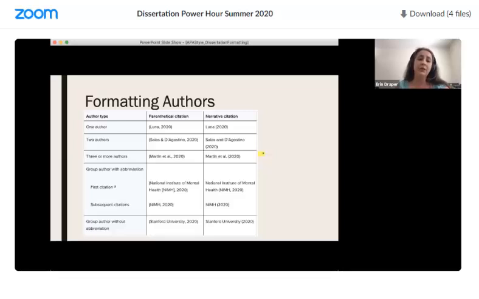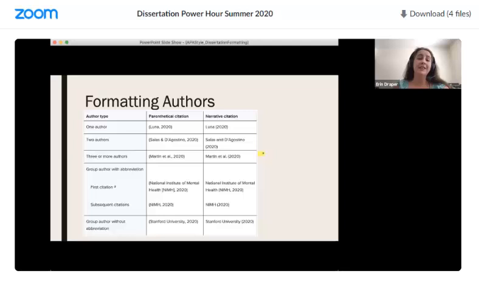For 3 or more authors, in 6th edition, 3 to 5 authors, you're going to list all of them the first time that you cite that work. Any subsequent time that you cite them, you can just use the lead author and then et al.